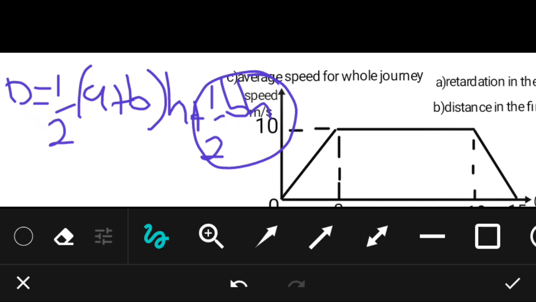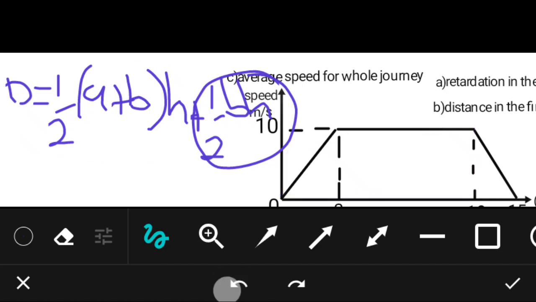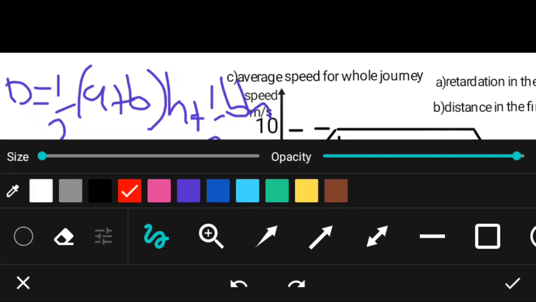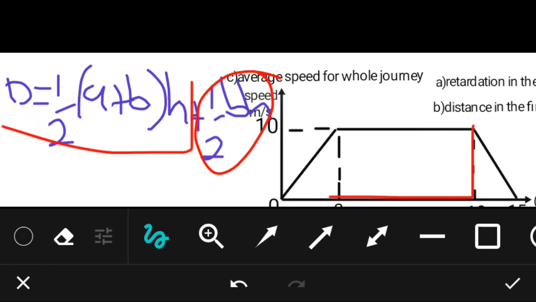The reason was that this was a trapezium. This is a trapezium. So the formula for a trapezium, you just end here. This is the formula for a trapezium. So we are saying we did not include this part here. We just ended here because we are calculating the distance in the first 10 seconds.